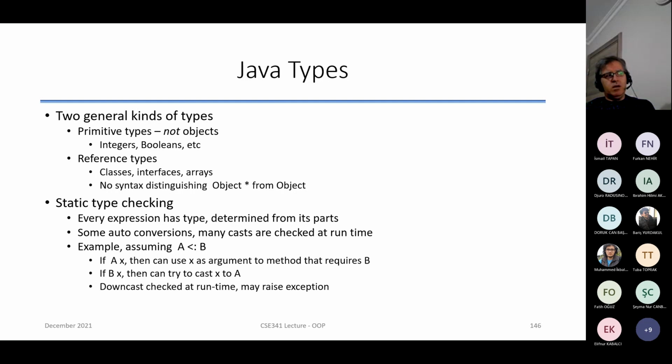So B can be, this is the definition of A being a subtype of B.